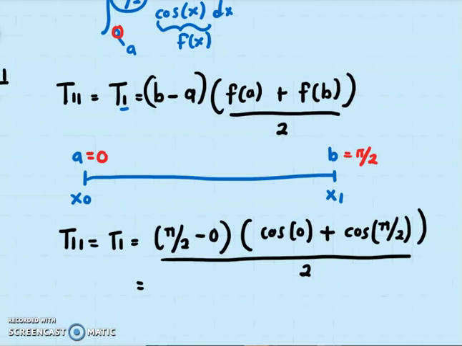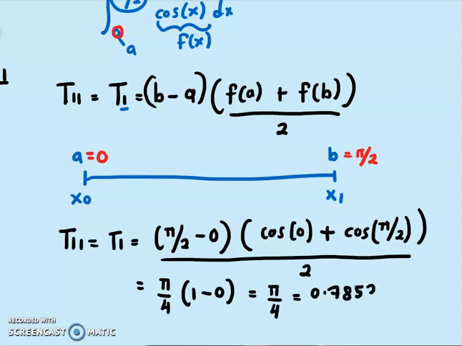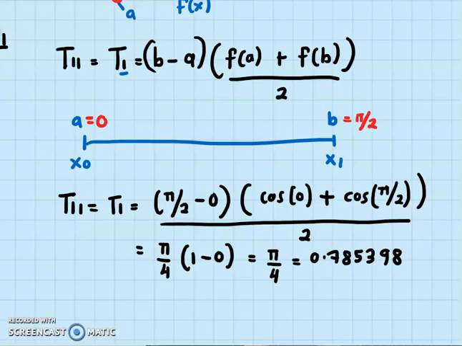So pi over 2 divided by 2 gives pi over 4, times 1 minus 0. So I have pi over 4 for T1. Now you can simplify this to a few decimal places, 0.785398. Use any calculator or MATLAB to evaluate this.